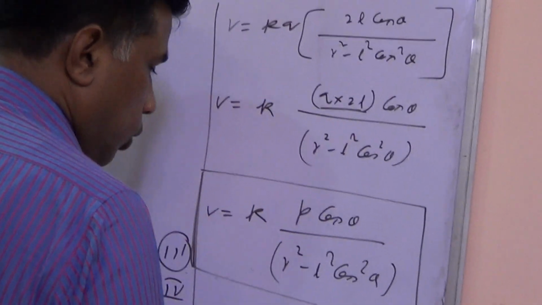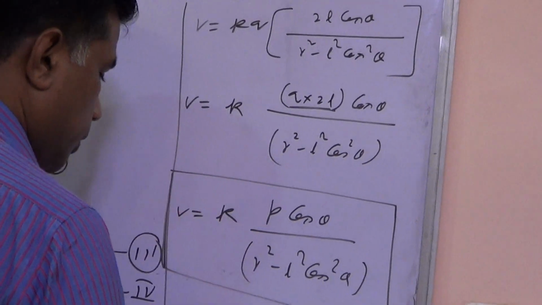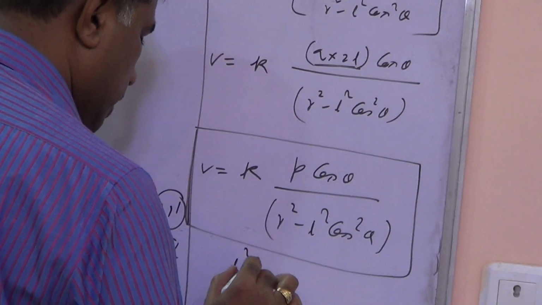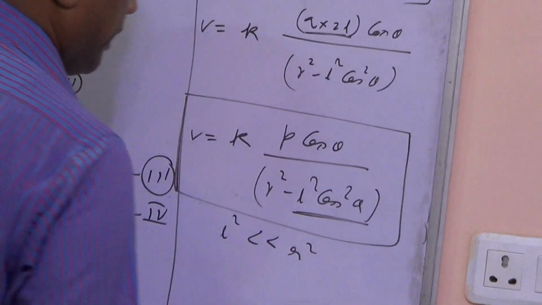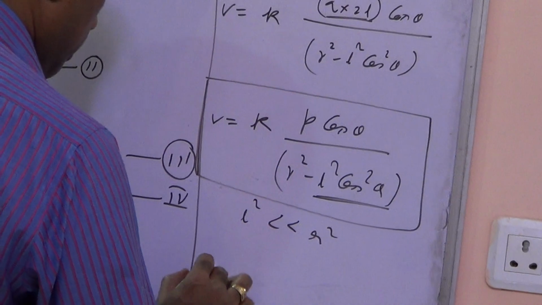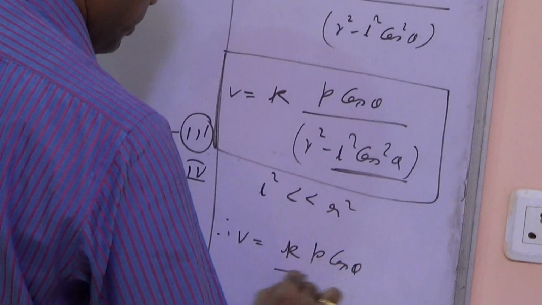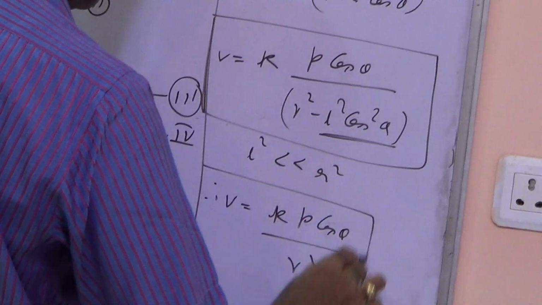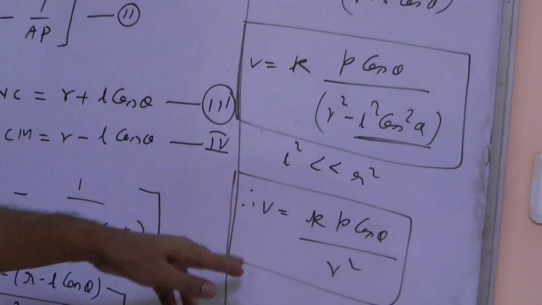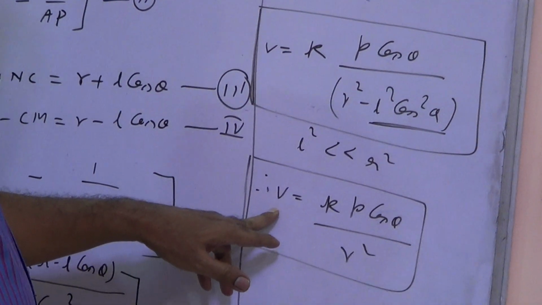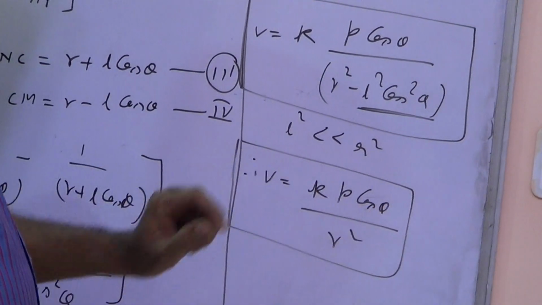But in most problems, it is given that the dipole is small. So if the dipole is small, one can say L square is less than R square, so this term can be neglected. So we can write V equals K P cos theta by R square. So I derived the formula for electric potential due to an electric dipole at any position, K p cos theta by R square.